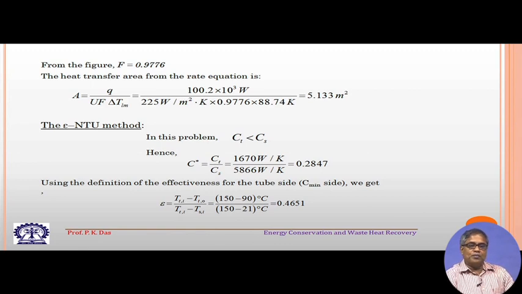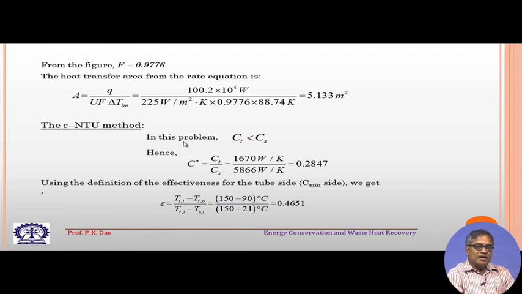One also has to see the mechanical strength of the heat exchanger, what kind of shell diameter you will provide, what kind of heat exchanger head, and what kind of tube seat you are going to provide. But as I have told, this is not within the scope of this particular course.